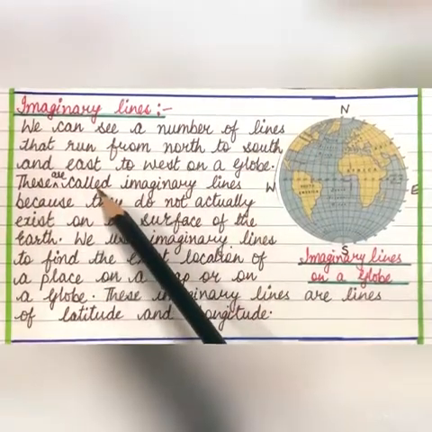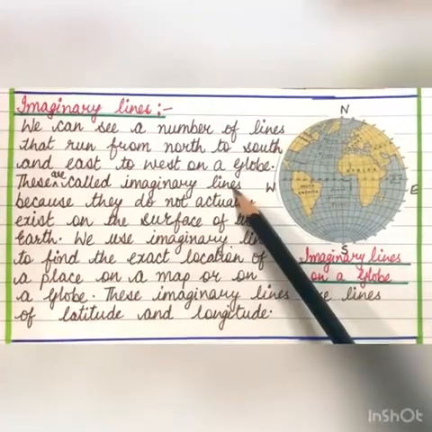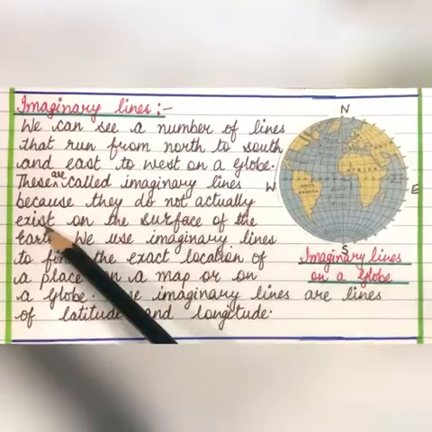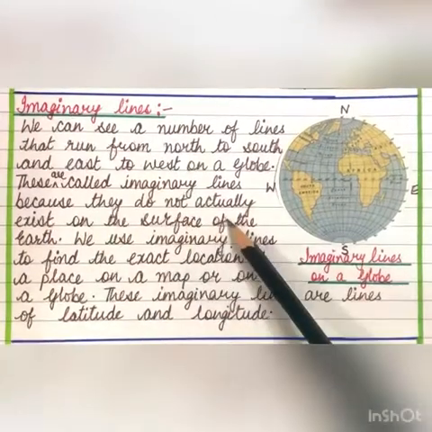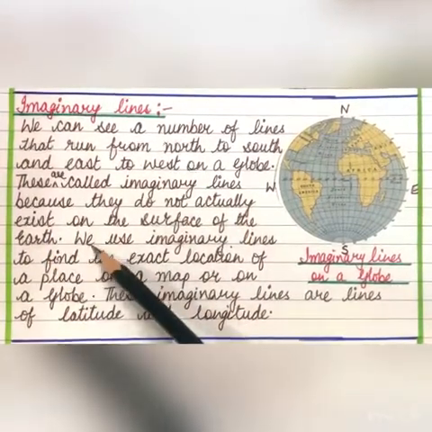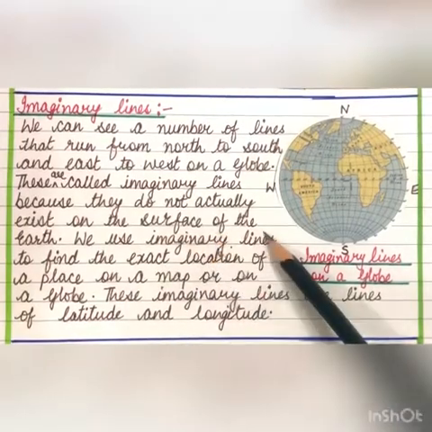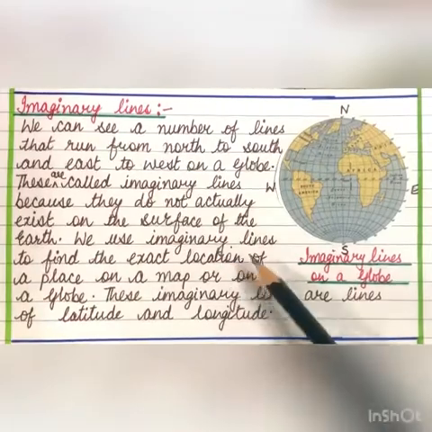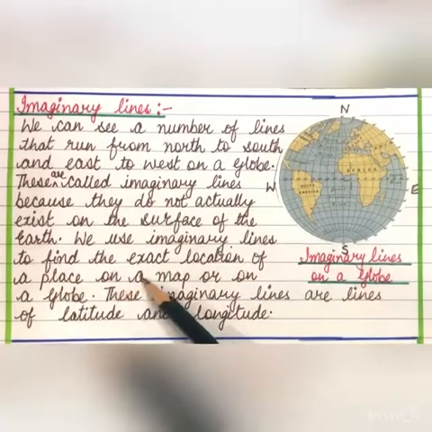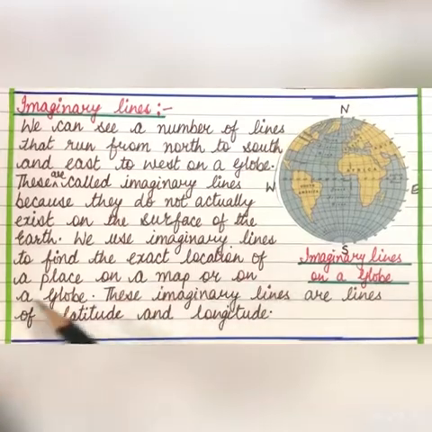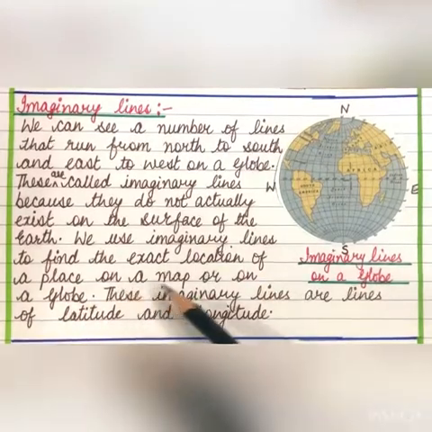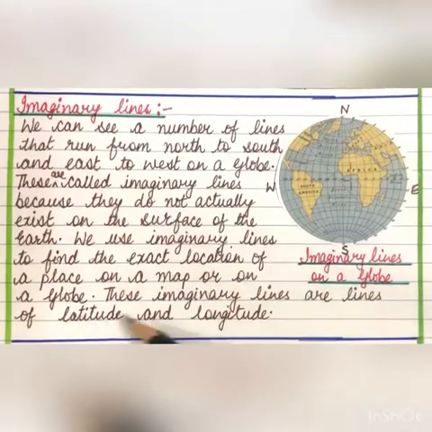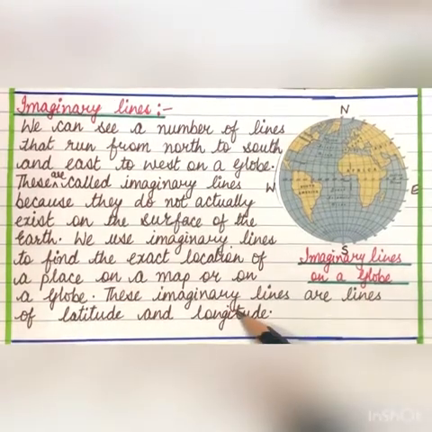These are called imaginary lines because they do not actually exist on the surface of the earth. We use imaginary lines to find the exact location of a place on a map or on a globe. These imaginary lines are lines of latitude and longitude.